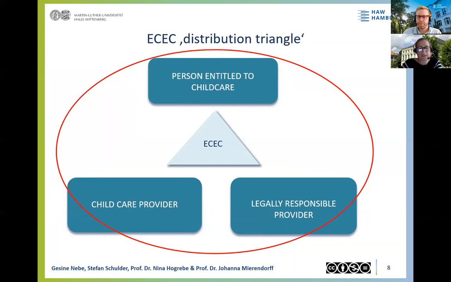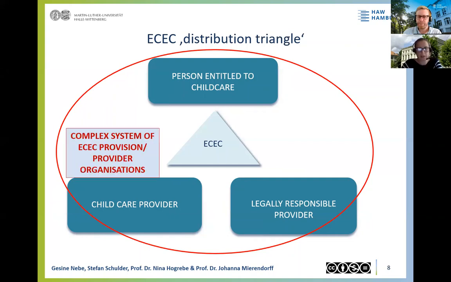Additionally, it is necessary to highlight that in Germany, childcare provision is organized in a very differentiated system, which means that ECEC is provided by non-profit as well as for-profit organizations. Some childcare providers are private, while others are public or run by traditional welfare organizations or by the municipality itself. Regarding finances, the system is also rather complex.